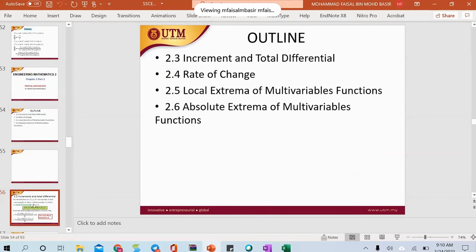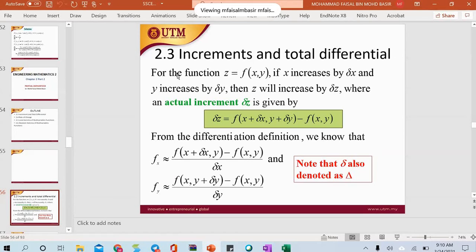Okay, good. So increment and total differential: for the function z, if x increases by delta x and y increases by delta y, then z will increase by delta z, where the actual increment is delta z equals f(x plus delta x, y plus delta y) minus f(x,y).